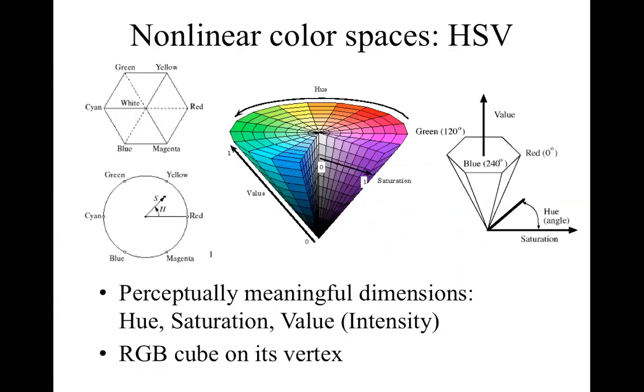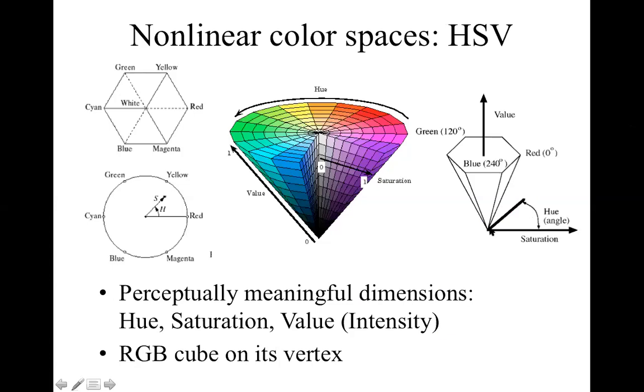Now we also have what is called a nonlinear color space, HSV. Either you see it like a pyramid, or you could see it like a cylinder. So here the color is given by the hue, and this is given by this angle.